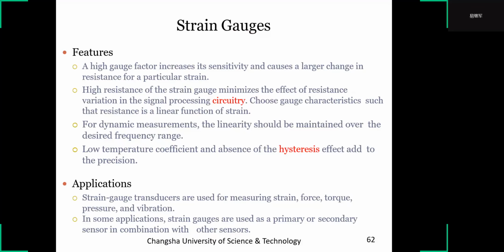Strain gauge features. A high gauge factor increases its sensitivity and causes a large change in resistance for a particular strain.